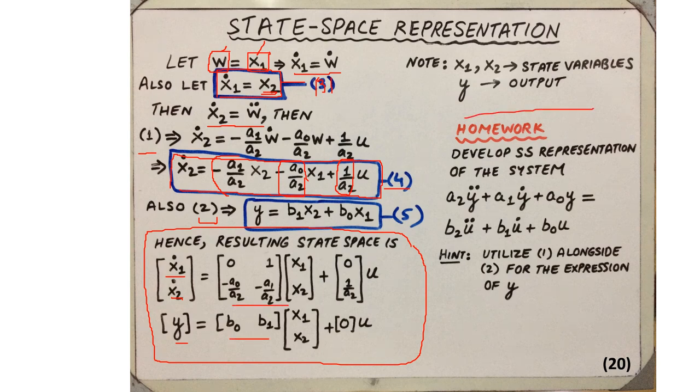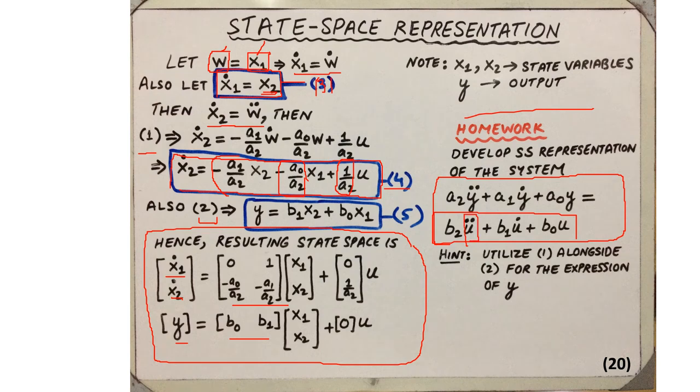So with that, we proceed to your homework exercise, which is to develop the state space representation of, again, the second order differential equation describing the same system, but with the change that the right hand side now contains more derivatives of the input. In fact, we now have a term u double dot, so the second derivative of the input is also appearing in the differential equation.